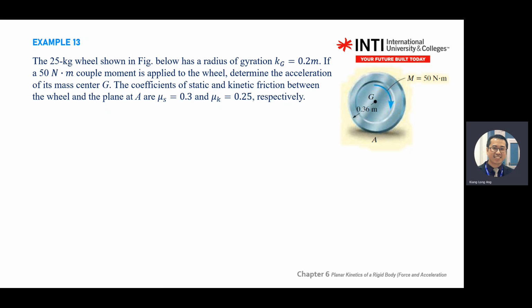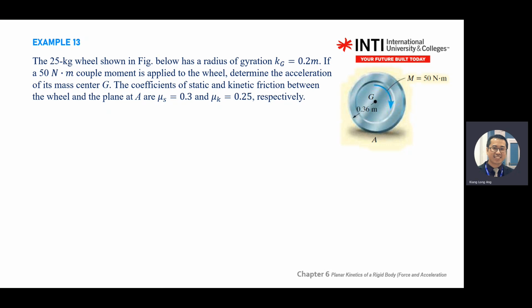And if an additional 15 Newton meter couple moment was applied, determine the acceleration of the mass center G here. So you need to calculate the alpha, right? This one is not alpha, this one is the a. So you need to convert the omega, alpha into a.